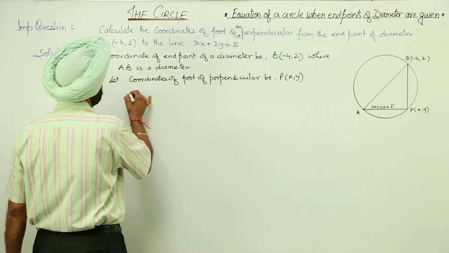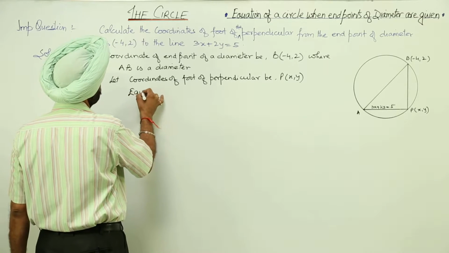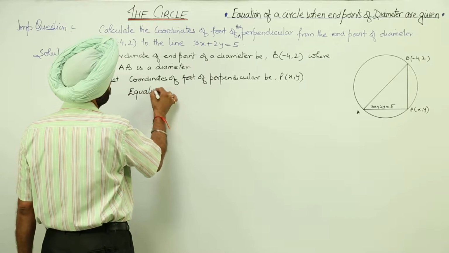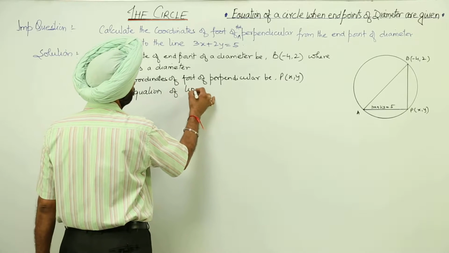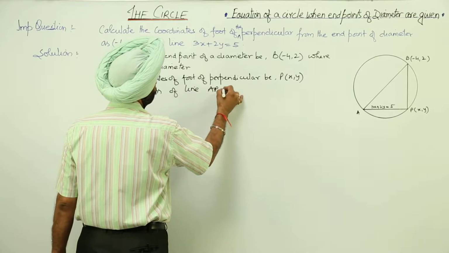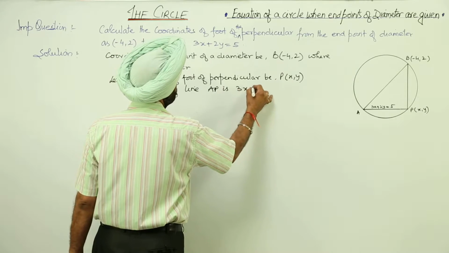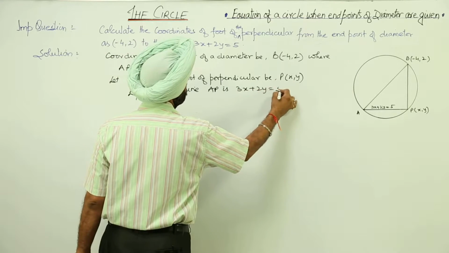Now, the equation of line AP is 3x + 2y = 5.